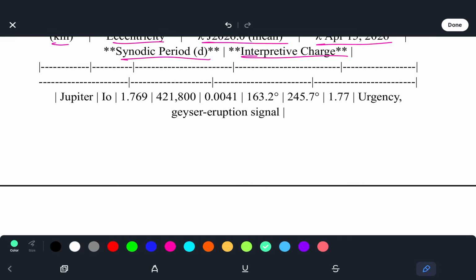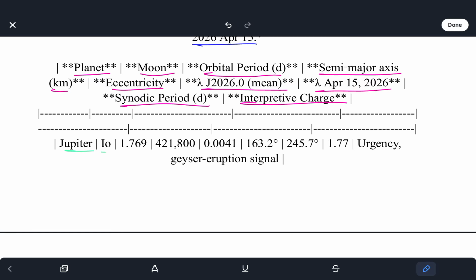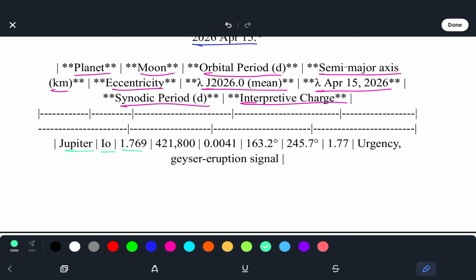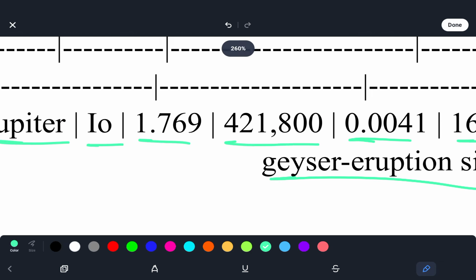So we see Jupiter, for example, Io, 1.769, 421,800, 0.0041, 163.2 degrees, 245.7 degrees, 1.77, urgency, geyser eruption signal. So we have our planet, our moon.